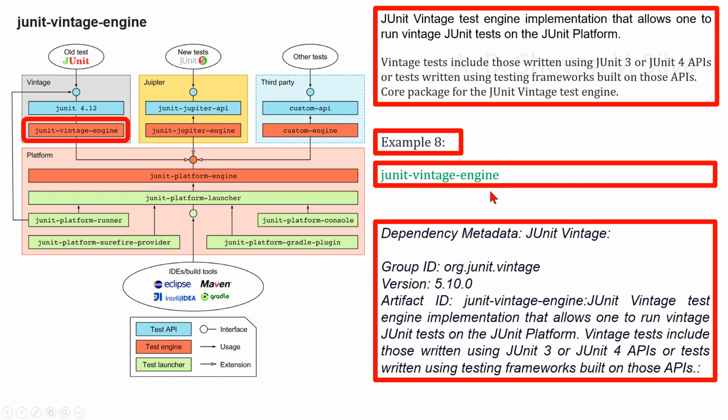The artifact ID junit-vintage-engine, in a version here, for example 5.10.0, in group ID org.junit.vintage, is the JUnit Vintage test engine implementation that allows one to run vintage JUnit tests on the JUnit platform. Vintage tests include those written using JUnit 3 or JUnit 4 APIs or tests written using testing frameworks built on those APIs.